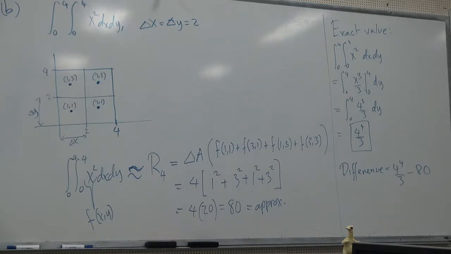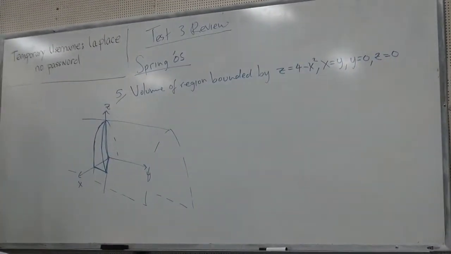And then y equals 0, which is the wall here, and z equals 0, which is the xy plane. So this is what you do. Right, just that little wedge right there.